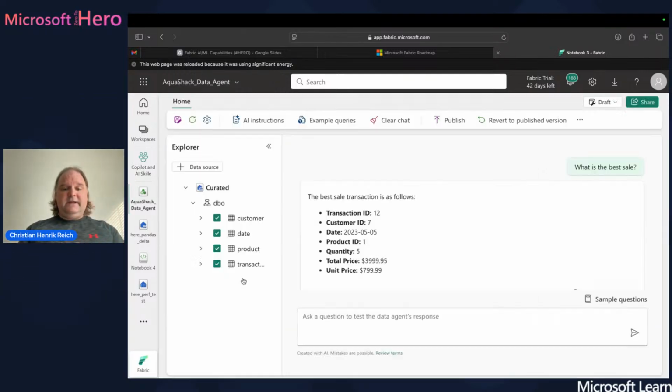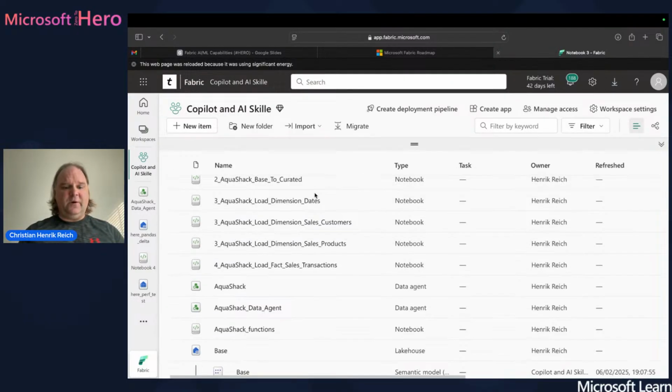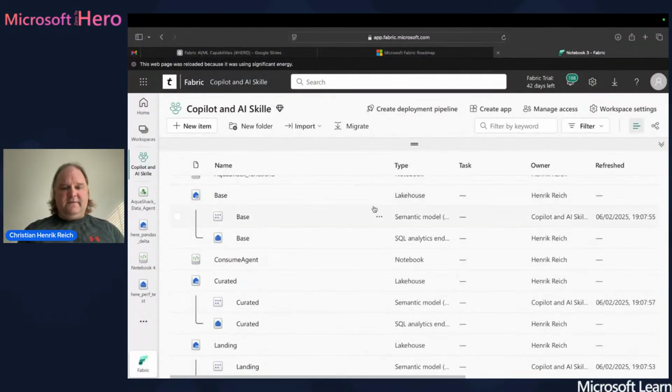So data agent now is we would like to connect to our data in Fabric. And for the people who are not familiar with Fabric, I can show you very fast. This is a Fabric workspace, and I have lakehouses here. A lakehouse is the base database, if you can put it like this.